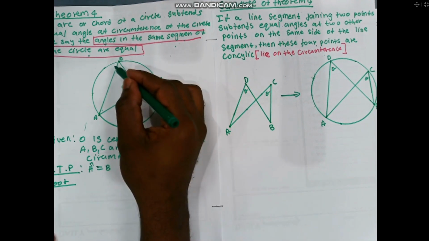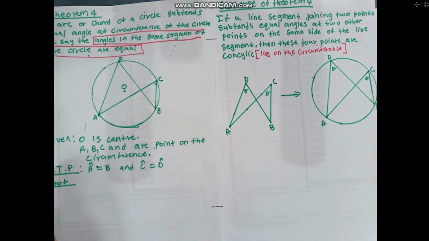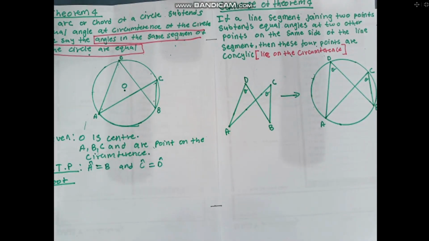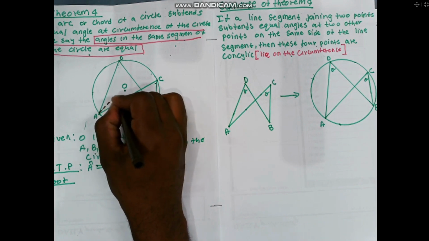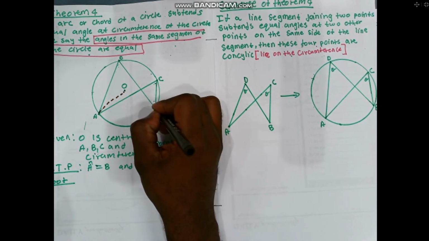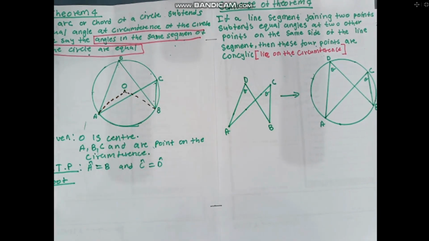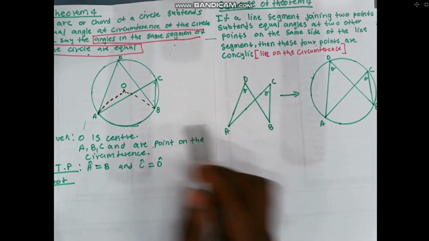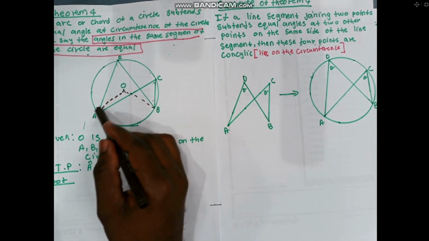We will prove this one for now by joining OA and then OB. By joining these two like this, I hope now you see the shape of this one from theorem number 2.